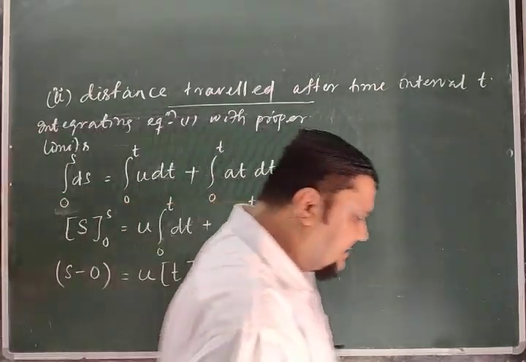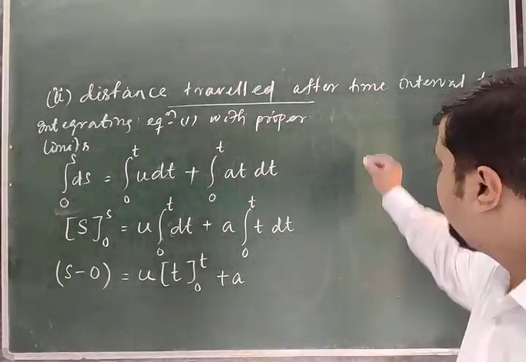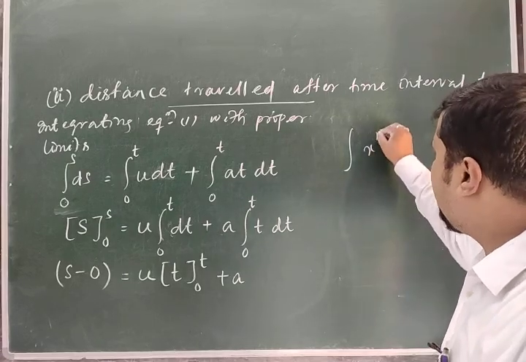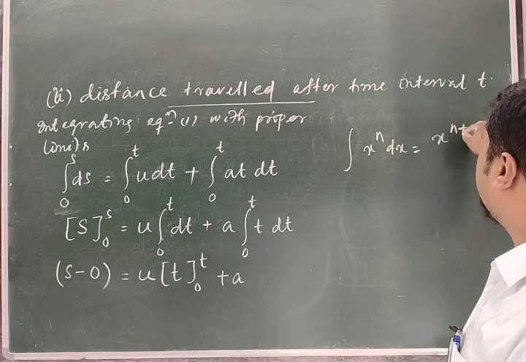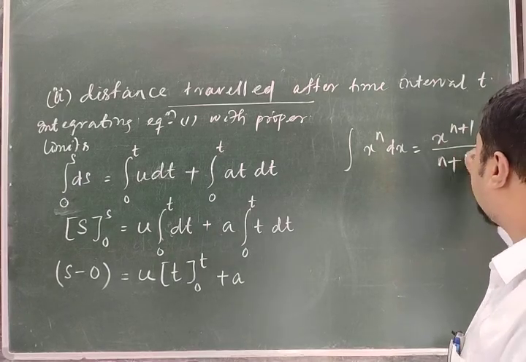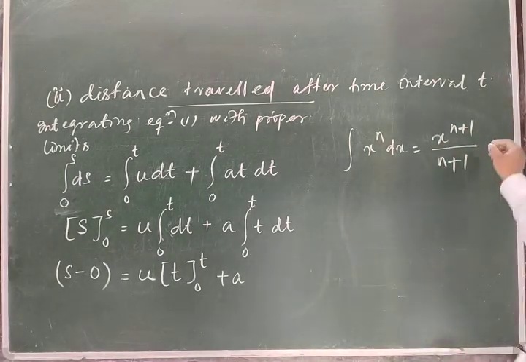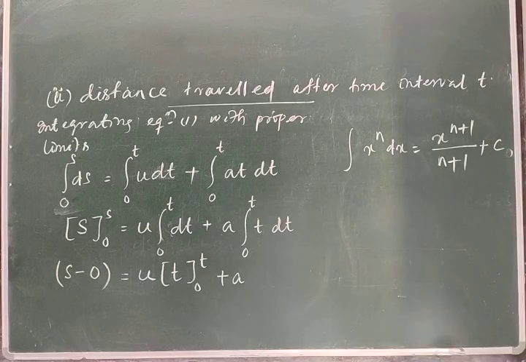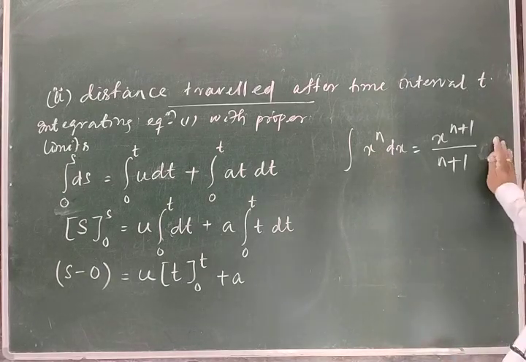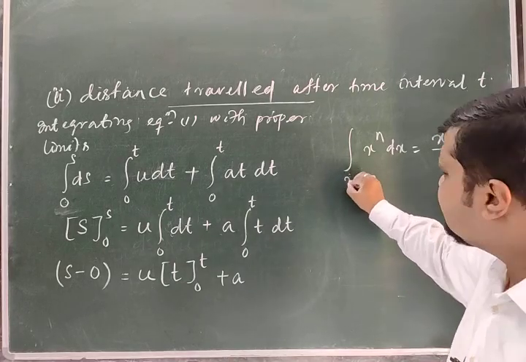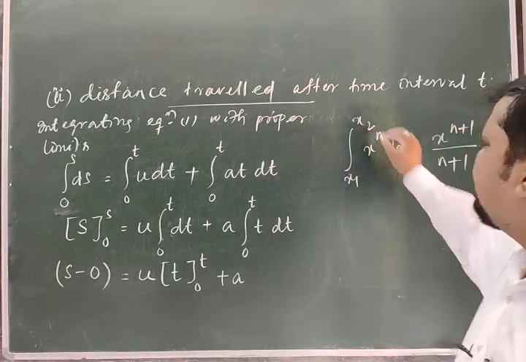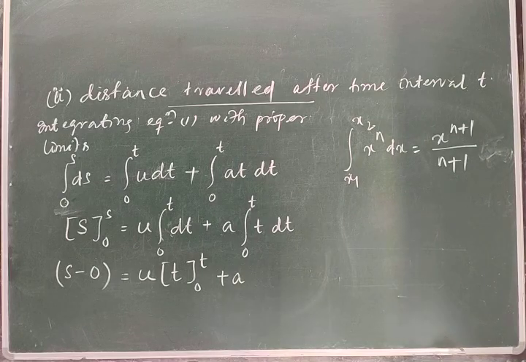So now the integration of t dt, already you know the integration part, integral of x to the power n dx is equal to x to the power n plus 1 by n plus 1. Is it? And with that there is a constant of integration. But we are not considering the constant of integration when there are limits. When there are limits, suppose this is x1 to x2, the constant of integration is not required here.